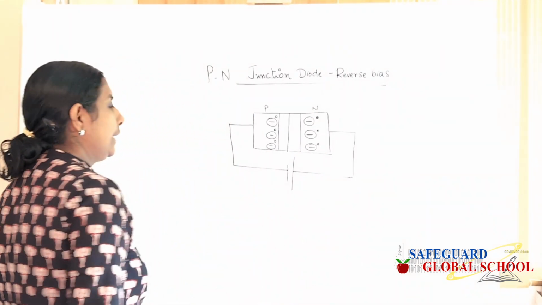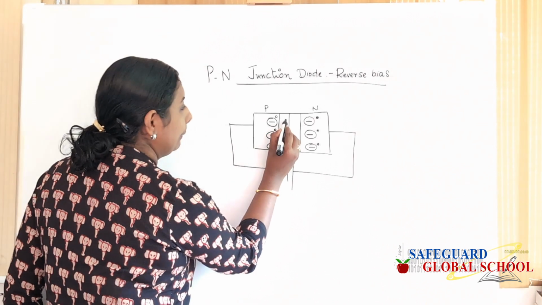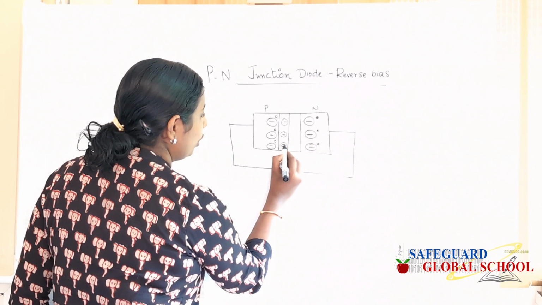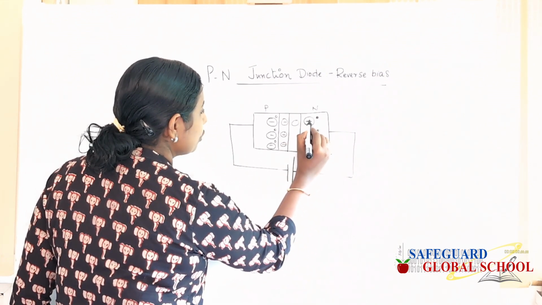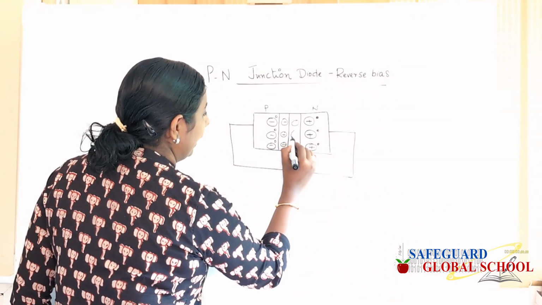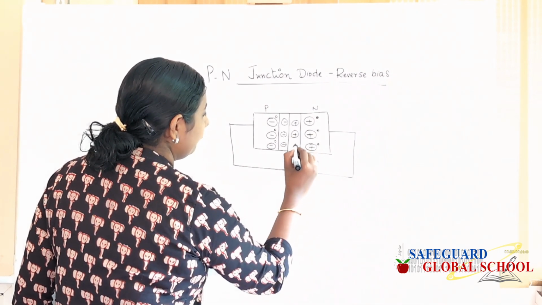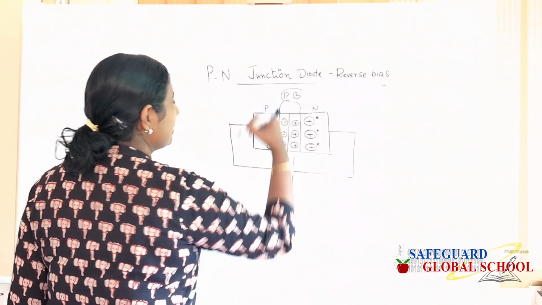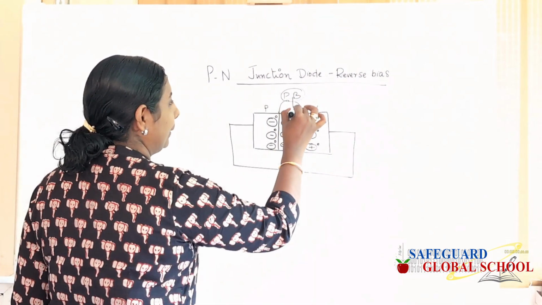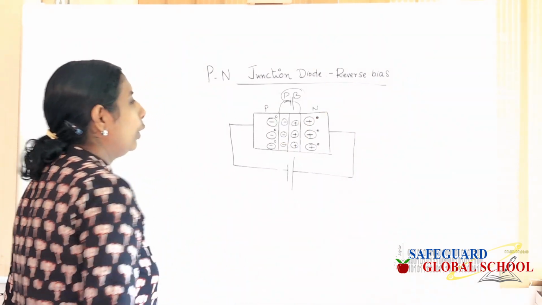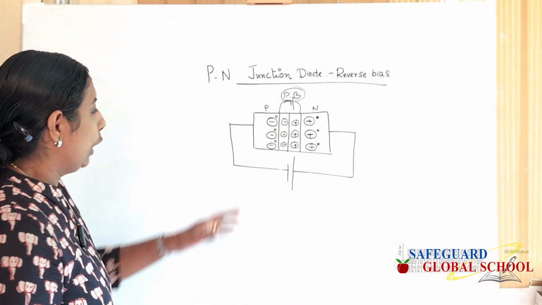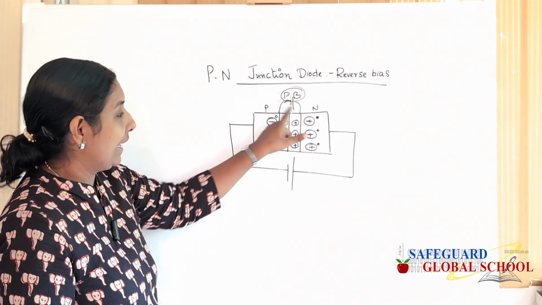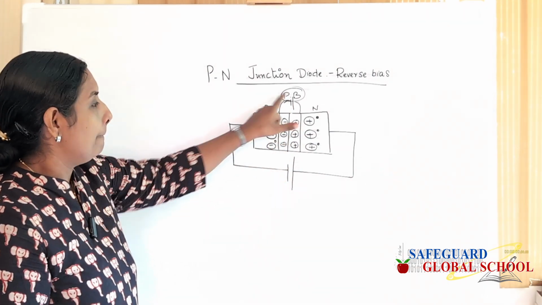And already we have seen in the previous video, inside the depletion region, there are only the acceptor cores and donor cores, here it should be negative and here it should be positive, and here there is a potential barrier existing, or this potential barrier can be considered as a battery or an electric field applied here. Look at the sense of this external battery and the virtual battery existing over here in this potential barrier.